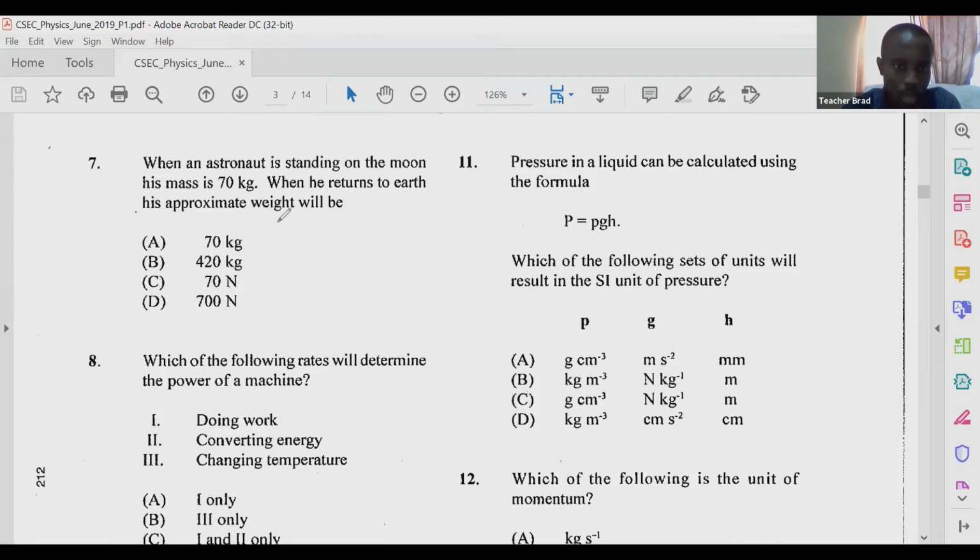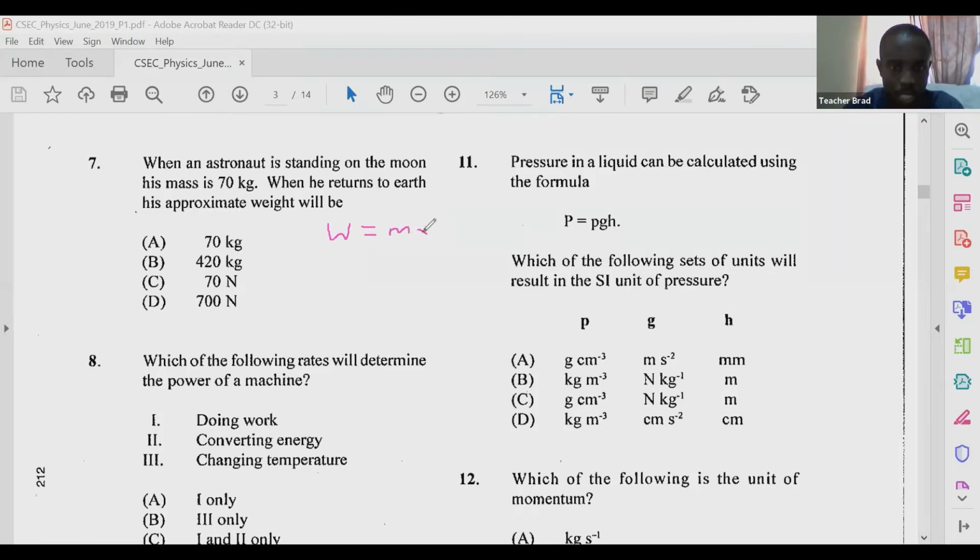So on Earth, his mass is still 70 kilograms, and therefore his weight, which is mass times gravity, should be 700.